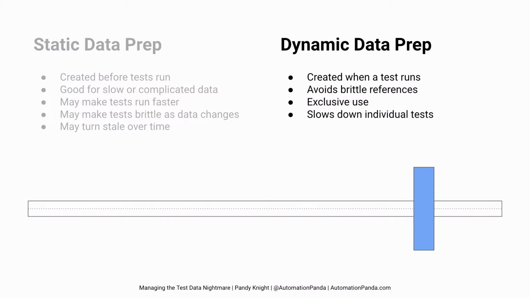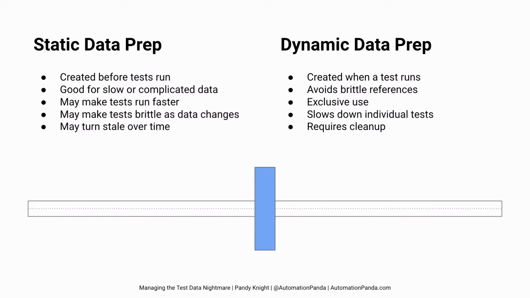The main downside of dynamic data prep is the execution time. It does slow down your tests every time you have to create something fresh. Dynamic data is essentially disposable too, so at some point you ought to clean it up or else you might fill up your file system.